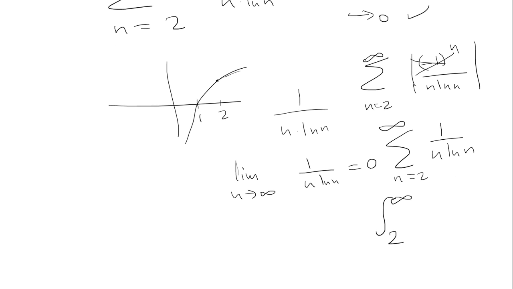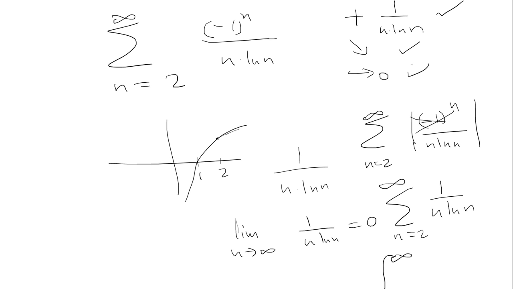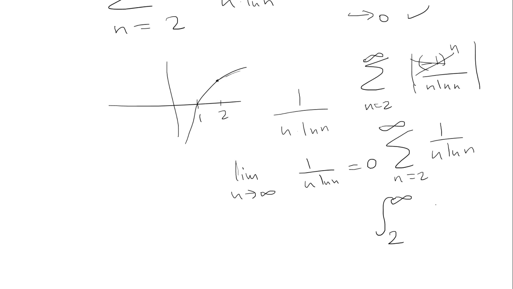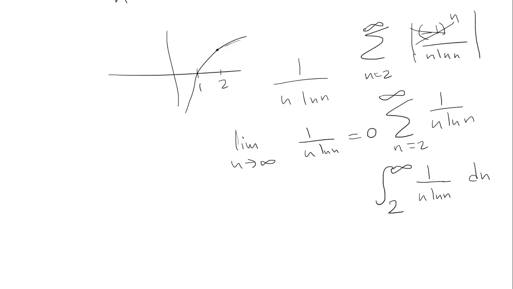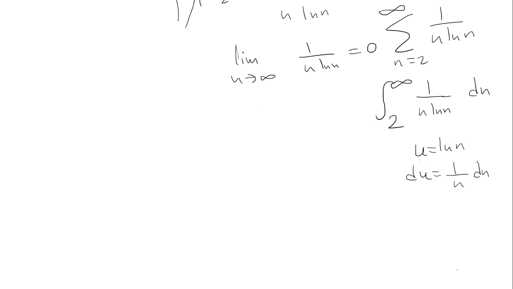And because these 3 conditions are satisfied, we can use the integral test. So we have the integral of 1 over n times ln of n dn. We have to integrate this, so we're going to let u be ln of n, du be 1 over n dn. So now I can rewrite this integral in terms of u.